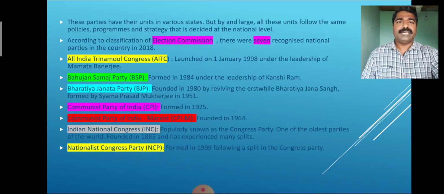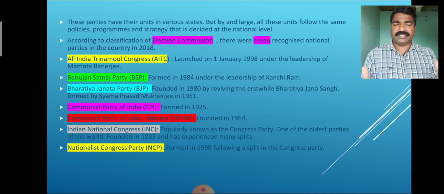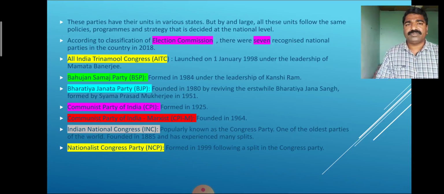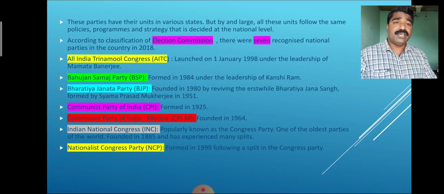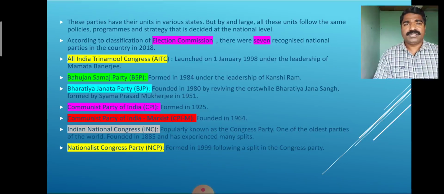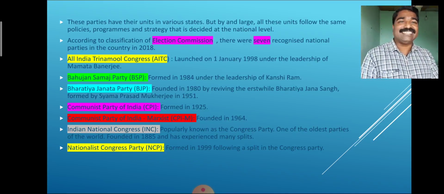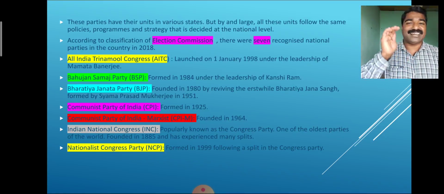National parties have units in various states. But by and large, all these units follow the same policies, programs, and strategy that are decided at the national level.